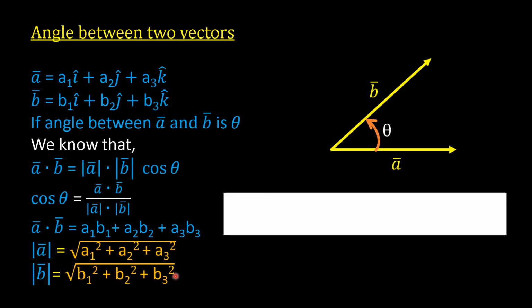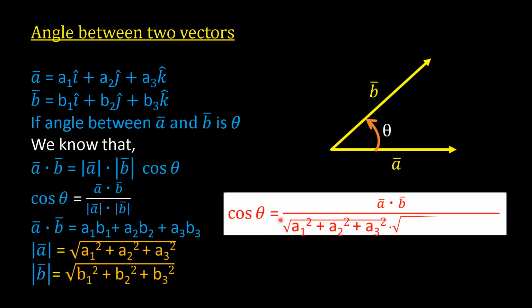So, from this we get cos theta equals a bar dot b bar divided by under root a1 squared plus a2 squared plus a3 squared multiplied by under root b1 squared plus b2 squared plus b3 squared. So with the help of this formula, we can find the angle theta between vector a and vector b.